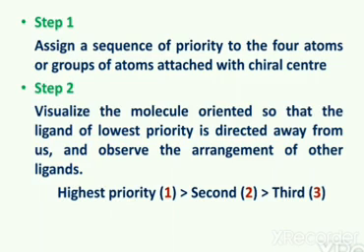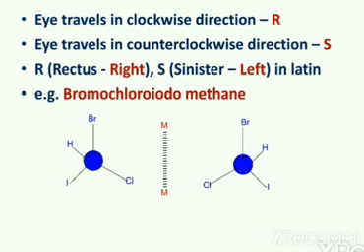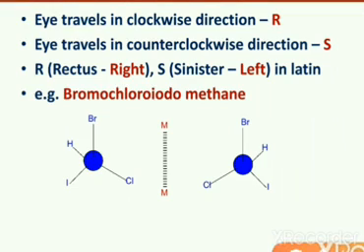After assigning the priorities, we visualize the molecule by keeping the least priority away from us and observe the arrangement of the other priorities 1, 2, and 3. If 1, 2, and 3 are in the clockwise direction, it is designated as R, and if in the counterclockwise direction, it is designated as S.